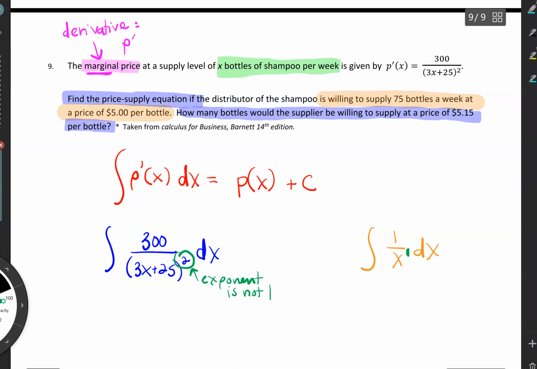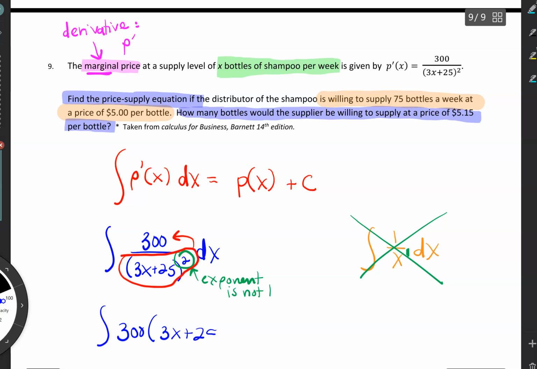We need the reverse power rule. So we're going to relocate that whole base to the numerator, and we're going to follow our reverse power rule.